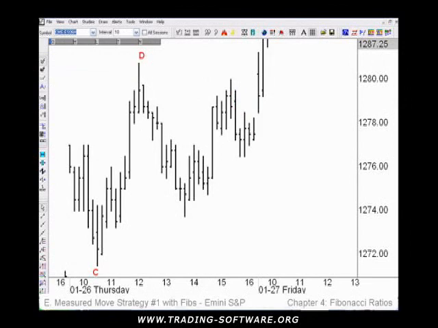This CD move is actually the AB move of our second back-to-back measured move as per strategy number one.